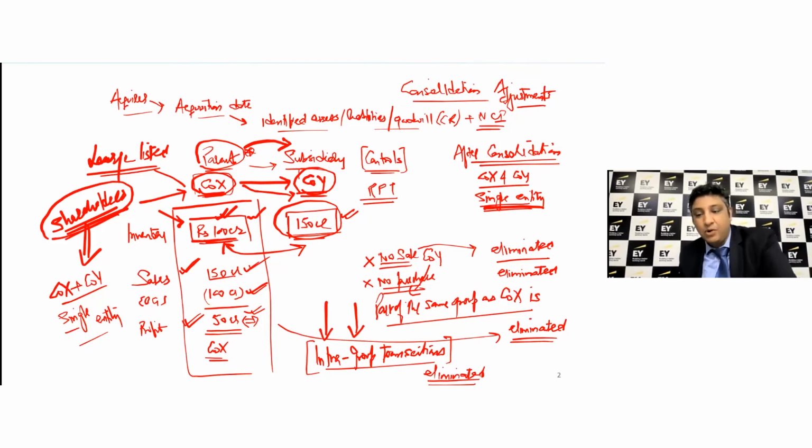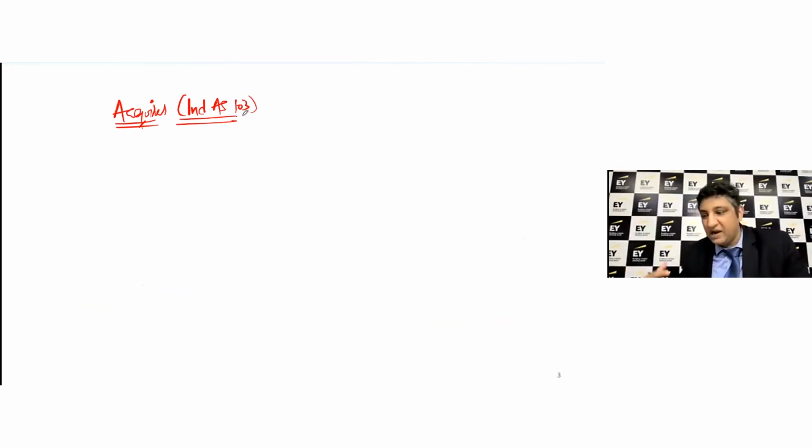Okay, and importantly, we say the term acquirer, which was there under Ind AS 103. Okay, we talked about business combinations. We talked about acquisition of a business. We talked about those inputs and processes, right? The moment I say the word acquirer, the company that is the acquirer is indeed the parent.